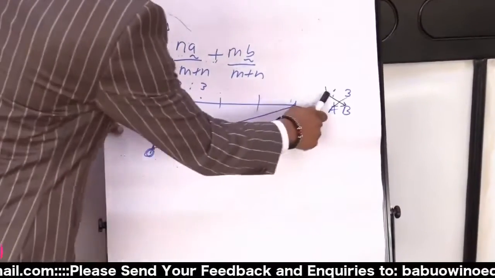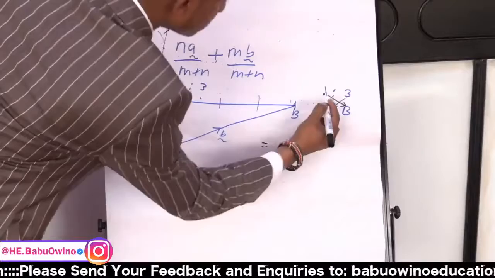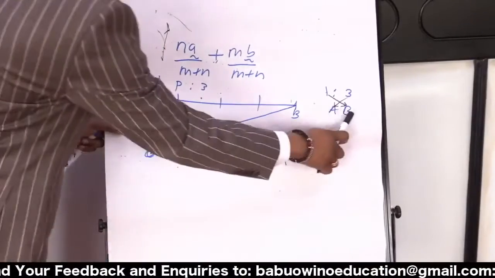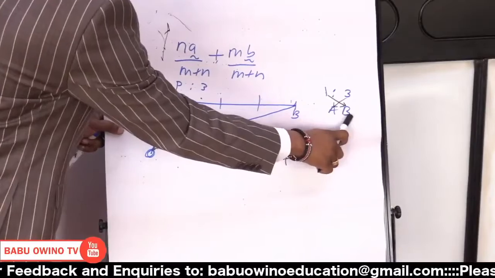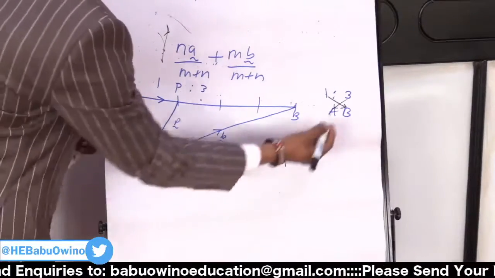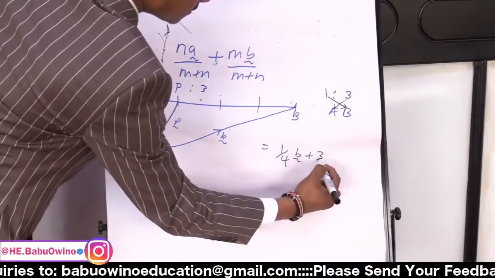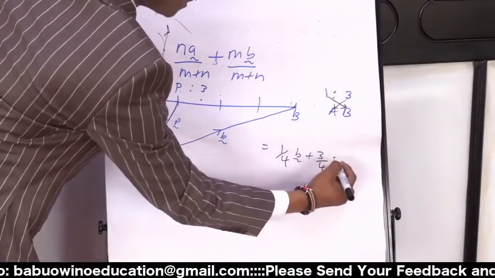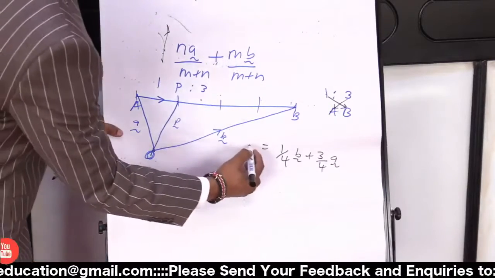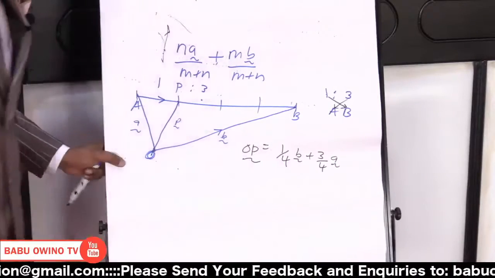You say 1 over the total ratio of B, where the position vector is B, plus 3 over the total ratio of A, where the position vector is A. Therefore, this is our OP. As simple as that.